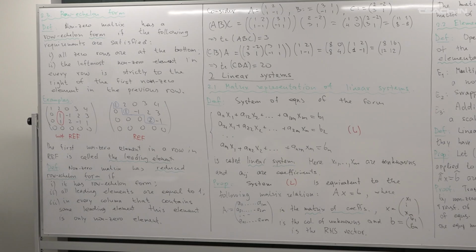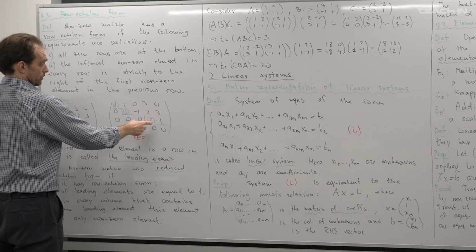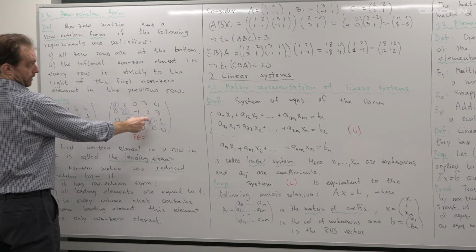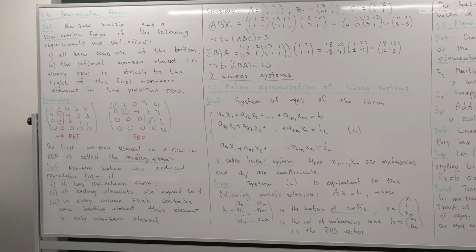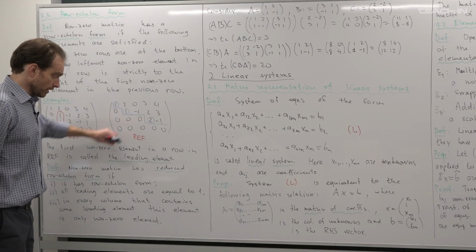Okay, so what does this mean? That we add two more requirements to the previous definition. So we require that all leading elements should be equal to 1. So this is not satisfied here because here we have 2 as the leading element in the third row.